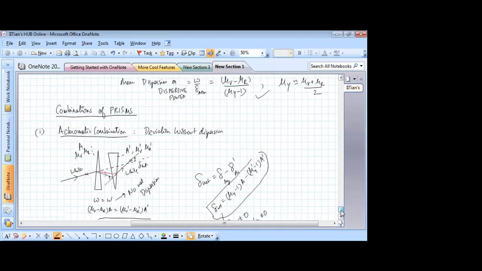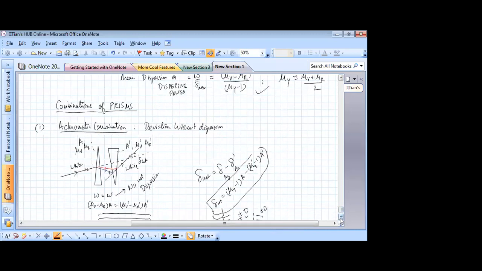So this is the first type of combination of prisms, which is called the achromatic combination.